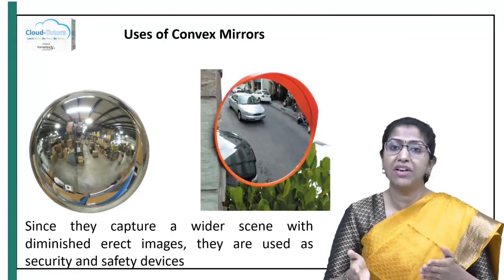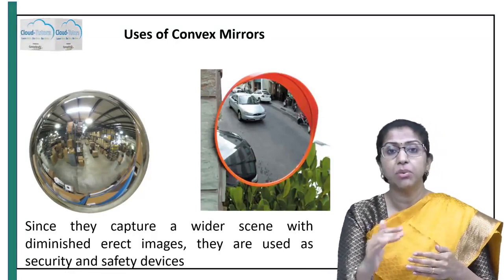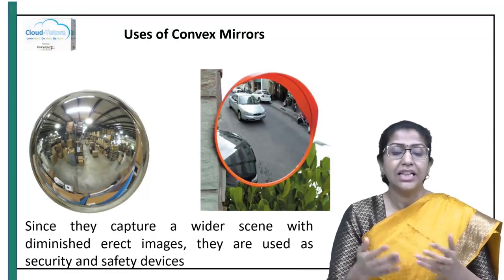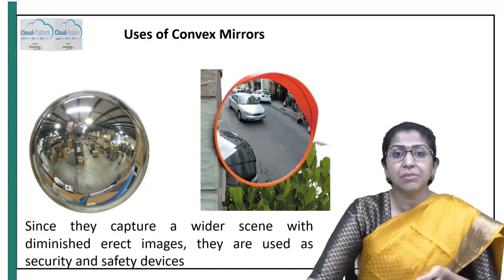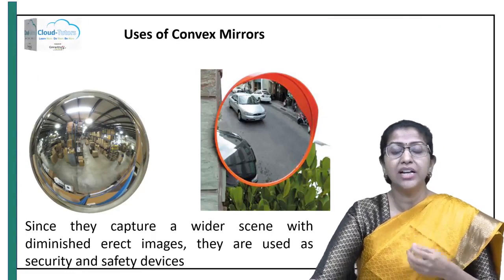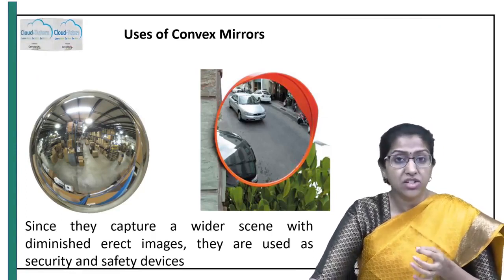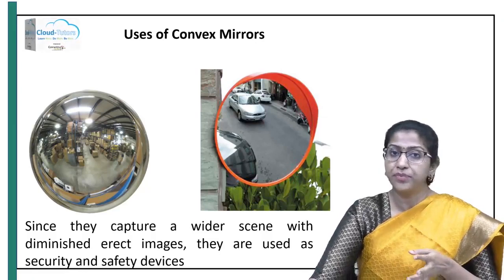If we have a pin curve where the person coming from one side is not able to see what is coming from the other, they are used as safety mirrors. It is the same reason they are used as rear view mirrors, because they provide virtual, erect, diminished images, but give us a very wide range of view.